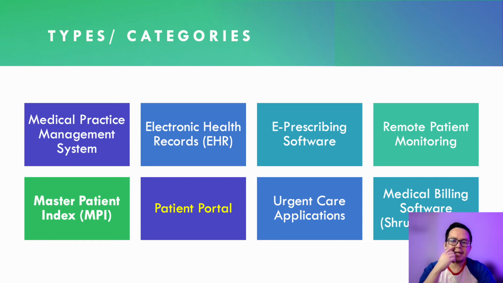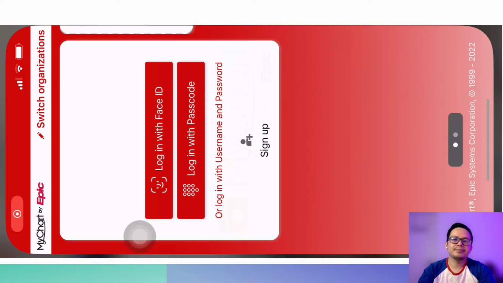Some patient portals, like CVS, a pharmacy in the United States, will allow you to have a conversation with a nurse practitioner, doctor or healthcare professional so you don't have to wait in the queue. Let's take a look at my own personal record in CVS in their patient portal called MyChart.